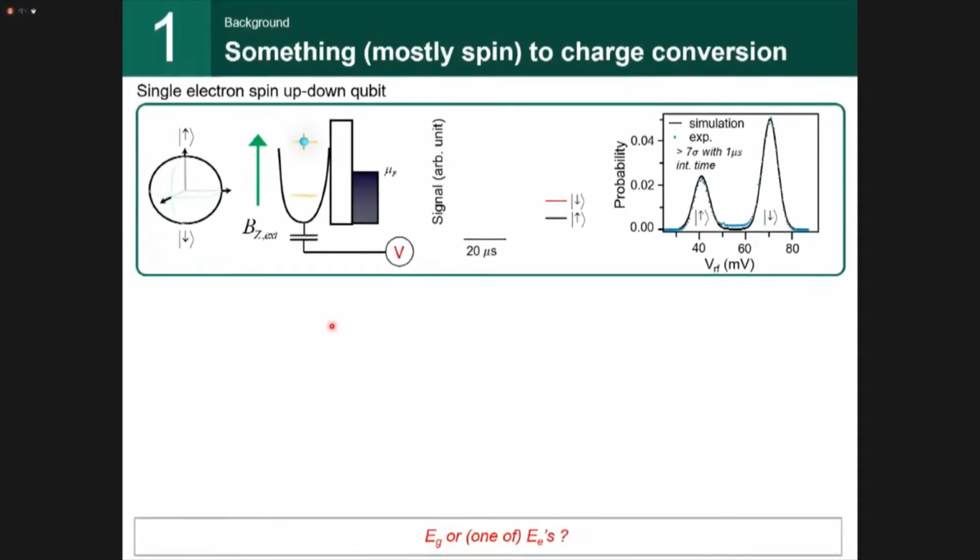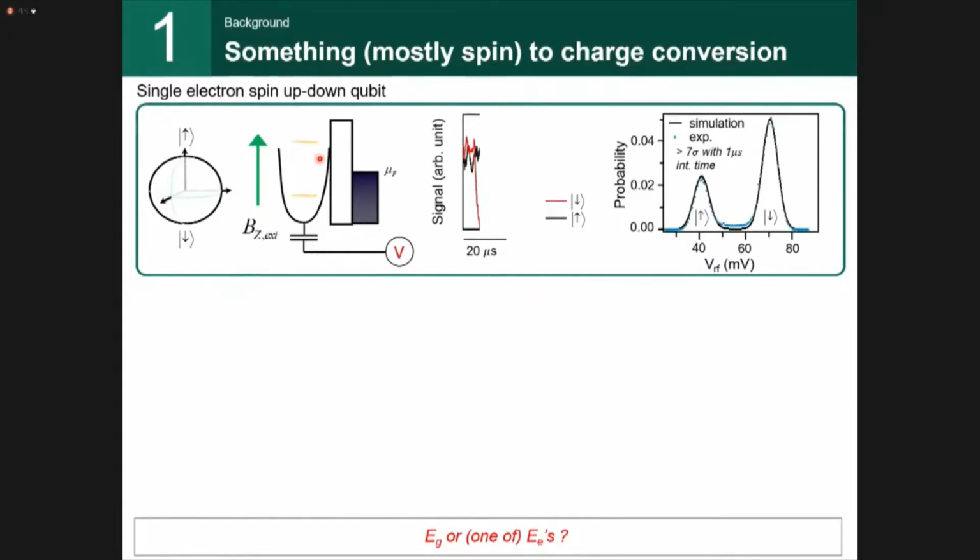For example, if you want to distinguish spin down versus spin up, what you do is apply a magnetic field and put your Fermi level in between these two levels. Only if the electron occupies the excited state can it tunnel out very quickly, giving my sensor signal change.